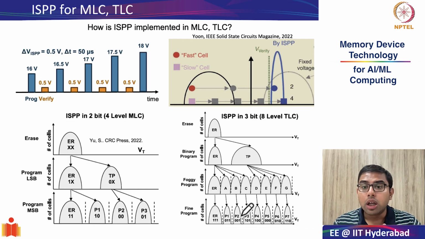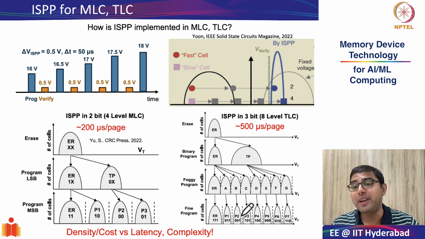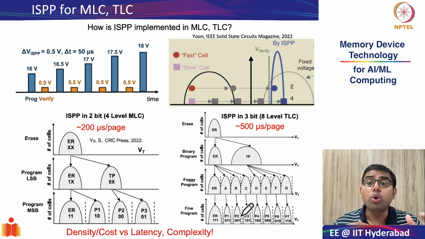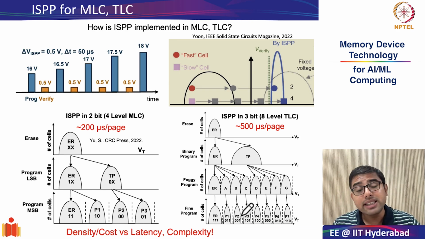So as you can understand, just like the read operation becomes much more complex with going from SLC to QLC, the programming complexity also increases, and therefore there is a significant amount of latency. For example, your MLC is around 200 microseconds per page, TLC is 500 microseconds per page, and QLC can go up to 2 milliseconds per page.